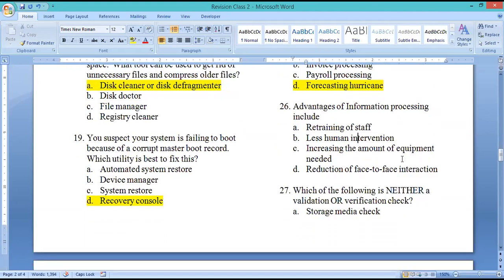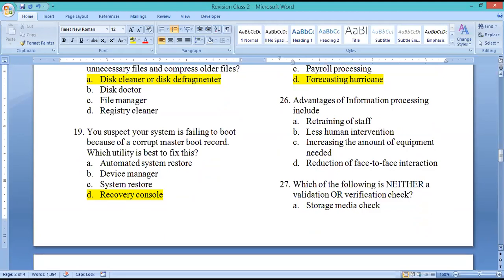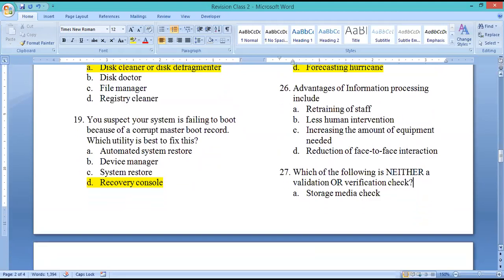Alright, advantages of information processing include retraining of staff, less human intervention, increasing the amount of equipment needed, reduction of face-to-face interaction. Reduction of face-to-face, I don't think so. Miss, B is true though, innit?